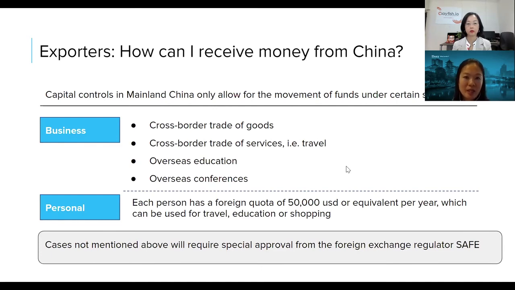Every citizen in China, every Chinese national, can use it for traveling overseas, for education, for shopping. But this is capped at 50,000 USD. If we are looking at other categories of sending money from China to outside, for instance, if I want to, as a Chinese individual or company, make an investment abroad, then that needs a special approval from the foreign exchange regulator in China, which is called SAFE.